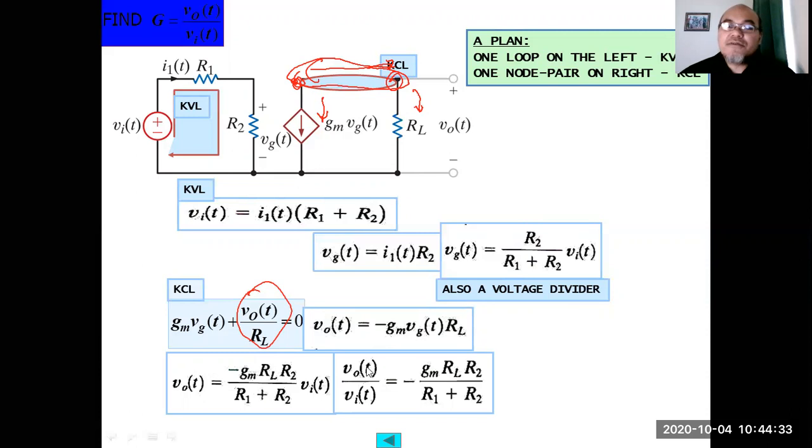So VOT divided by VIT equals minus gm RL R2 divided by R1 plus R2. Here gm is the multiplication factor on the dependent current source. You have to multiply that by the resistors: the load resistor on the right side, as well as the two resistors on the left side.